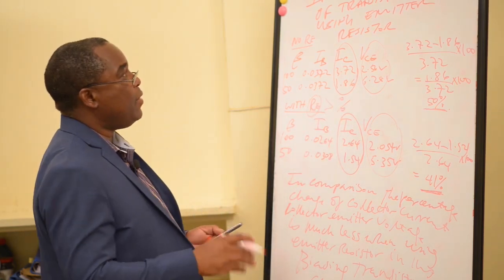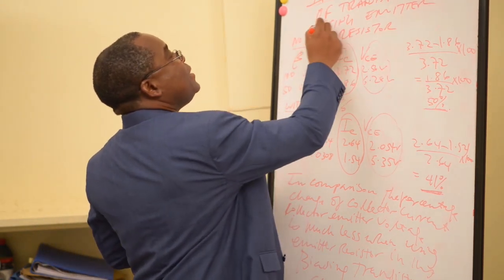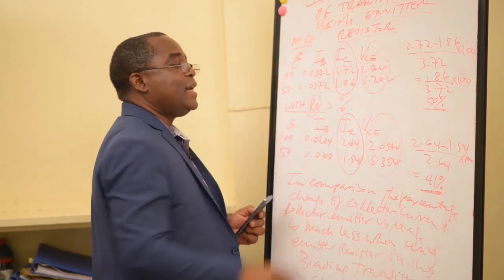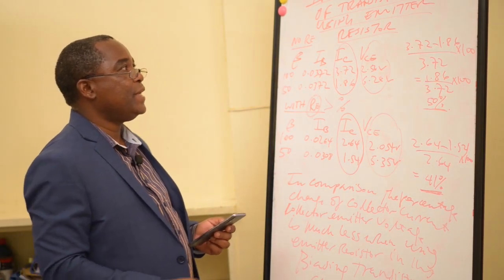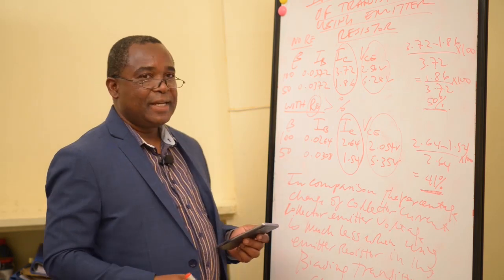So this is how we are improving stability of a transistor by using emitter resistor. The analysis shows how we can improve the stability of a transistor by using emitter resistor.